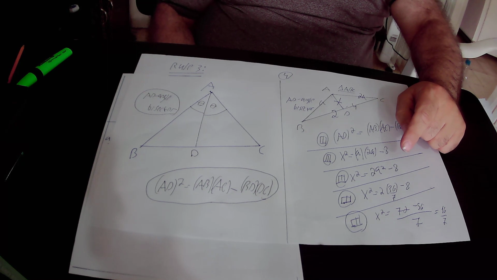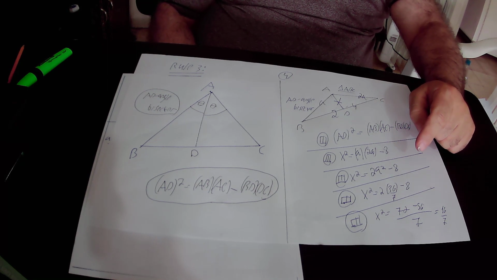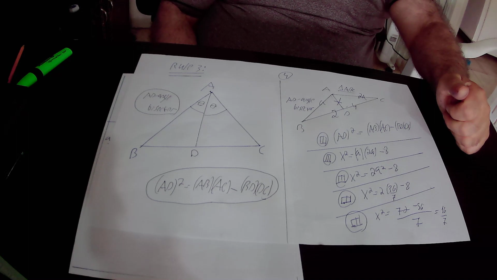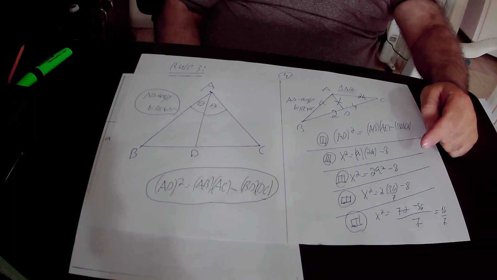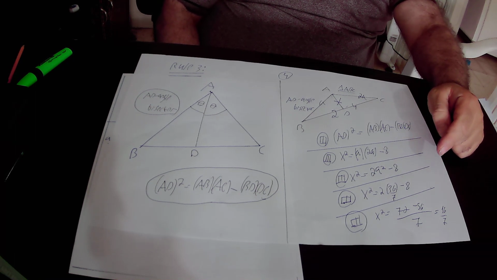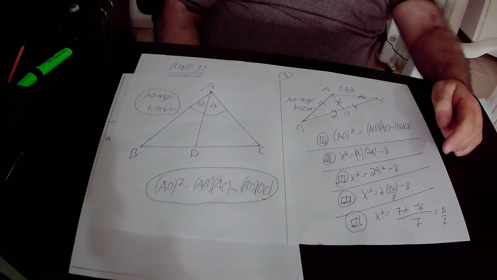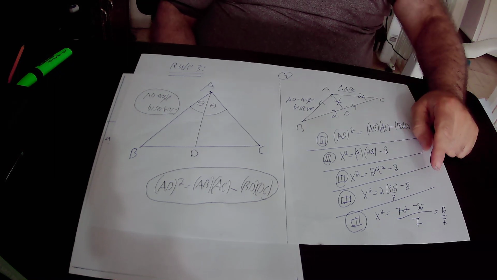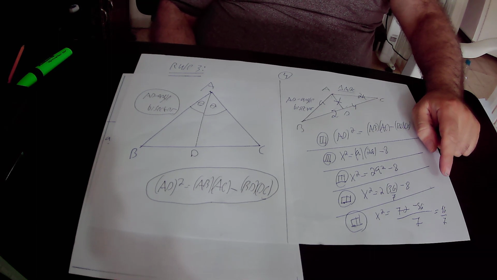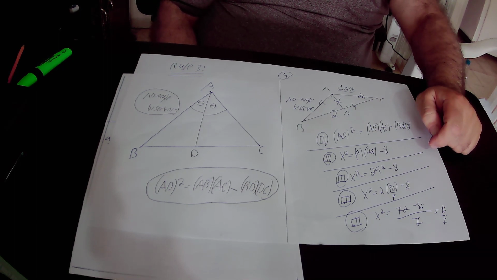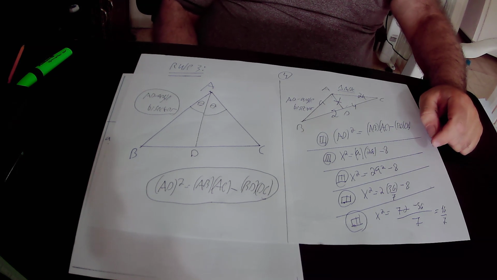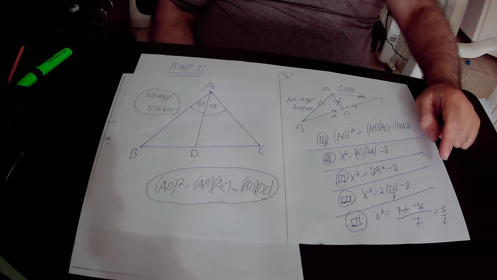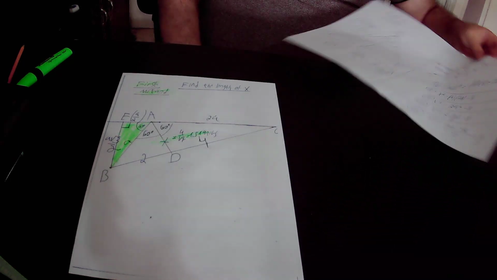We did it, and we got that x squared equals 2 times 36/7 minus 8. 2 times 36 is 72, so we multiplied 8 by 7 and then divided by 7 in order to have a common denominator with this expression. 72 minus 56 is 16, so it is 16/7. Okay, so we found that x squared equals 16/7.